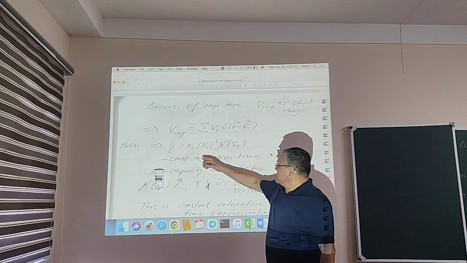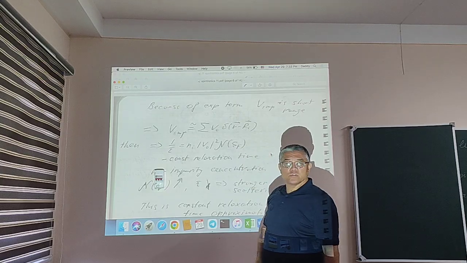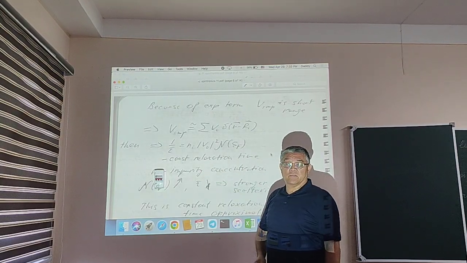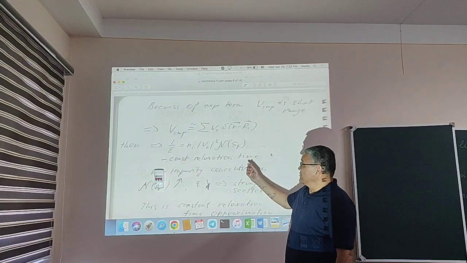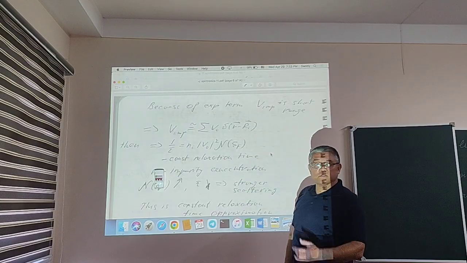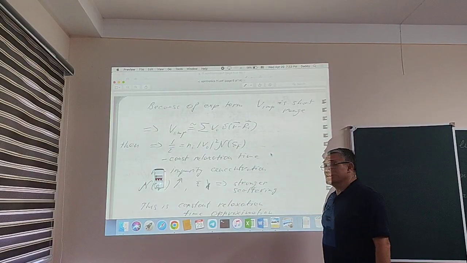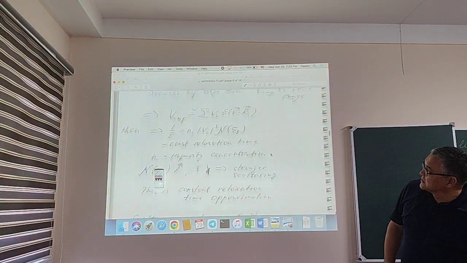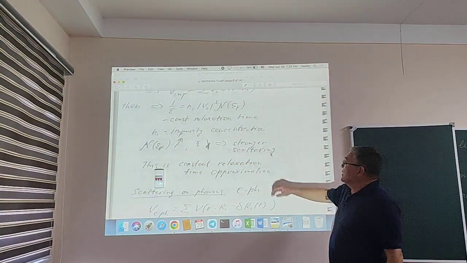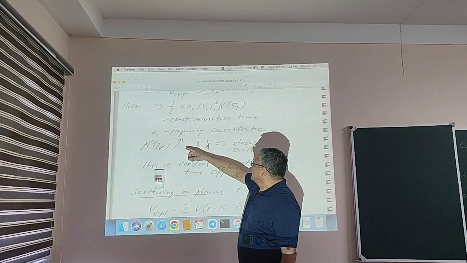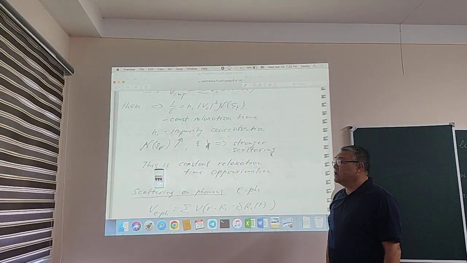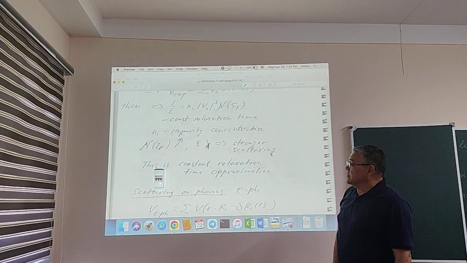According to that, since Ni and N(EF) both are constant, we have a constant value of tau, a constant relaxation time. This corresponds to the approximation that we used before. Now, looking at this equation, we can see that as N(EF) increases, tau decreases, and this corresponds to strong scattering.